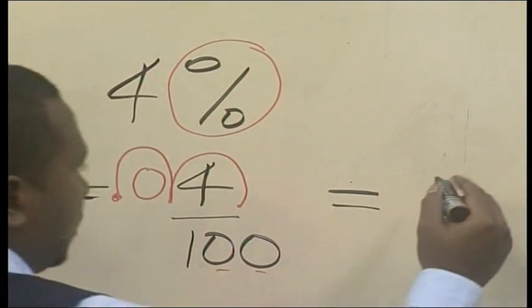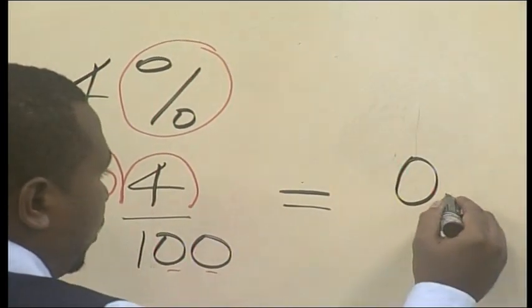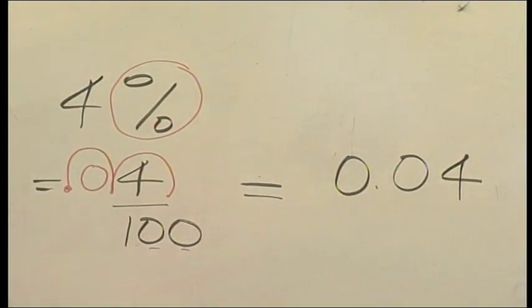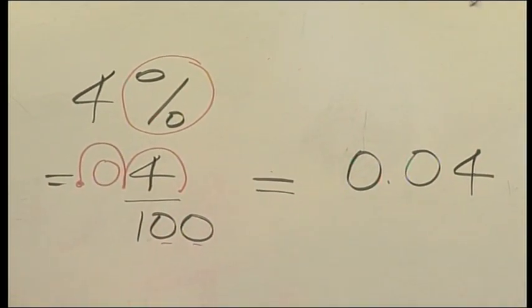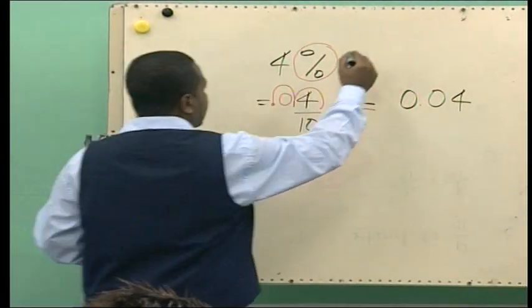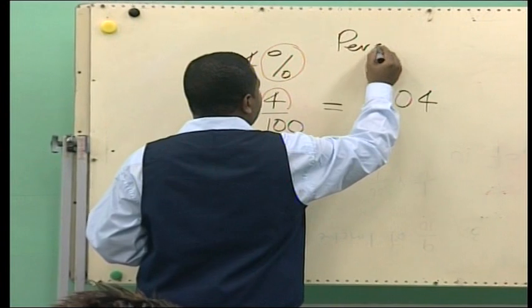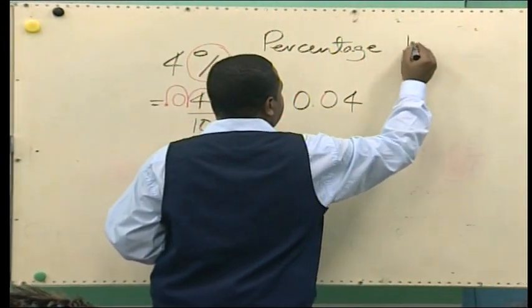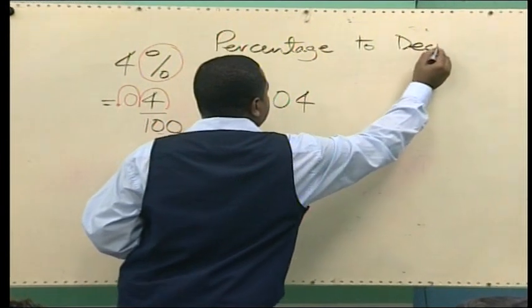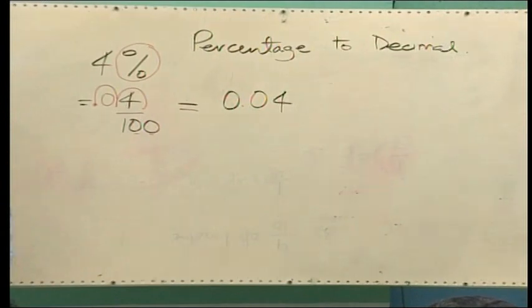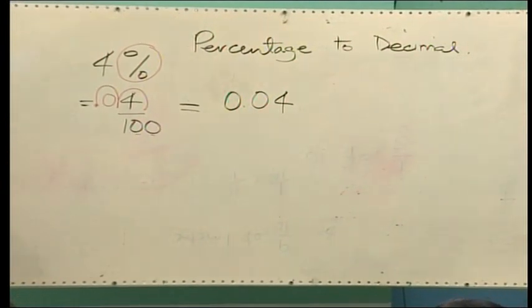So our answer will be 0.04 as a decimal. Is that clear? That's changing from percentage to decimal.